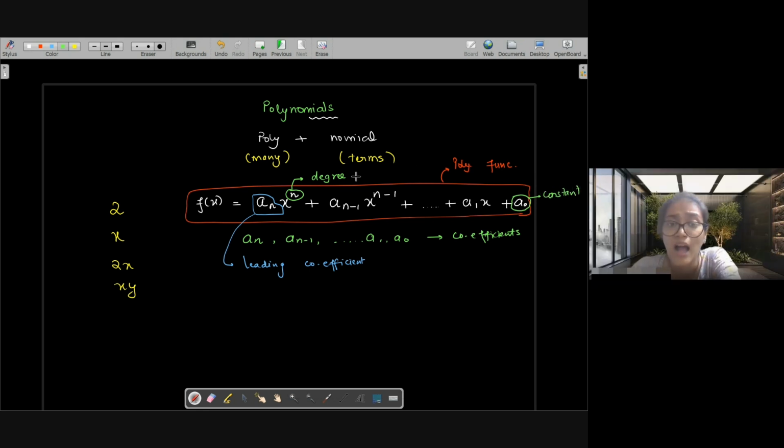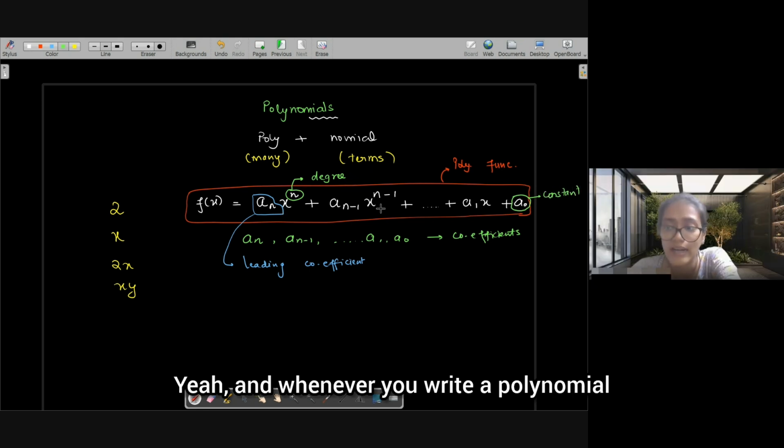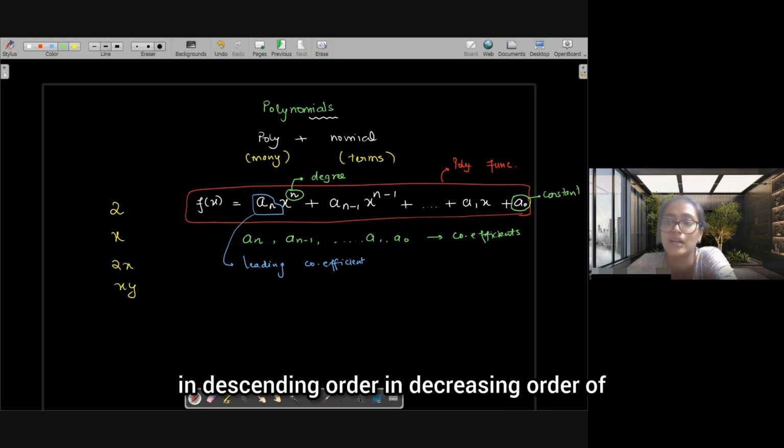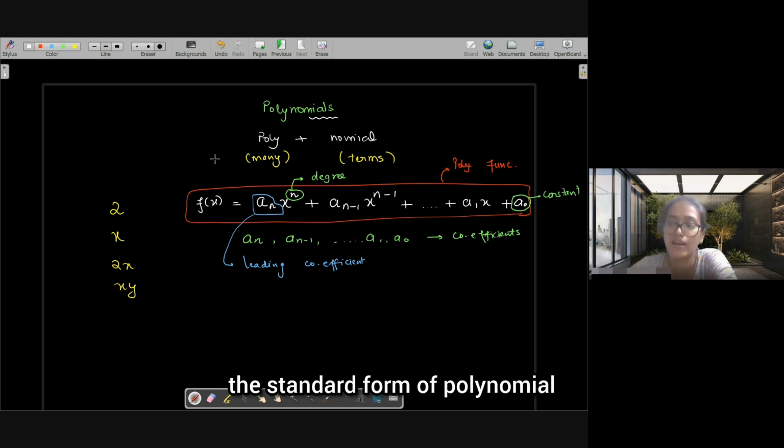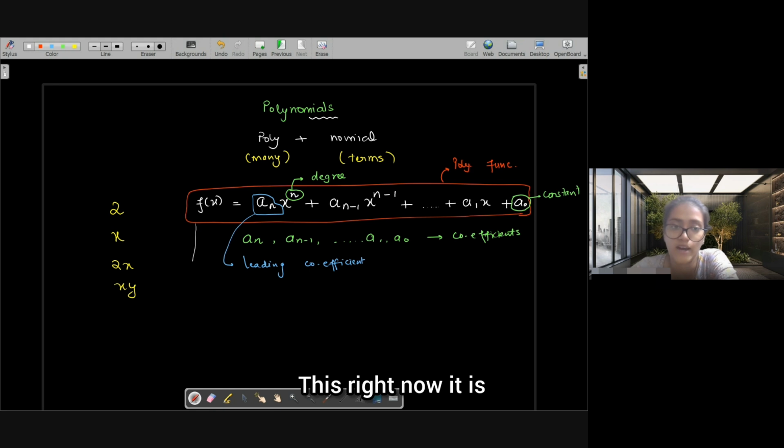Whenever you write a polynomial in descending order, in decreasing order of exponents from left to right, that is called the standard form of a polynomial. Right now it is written in the standard form.